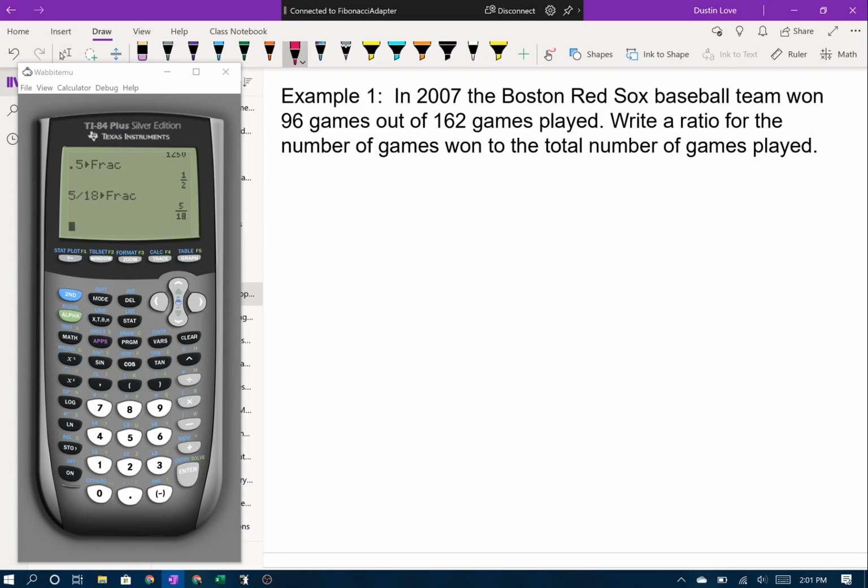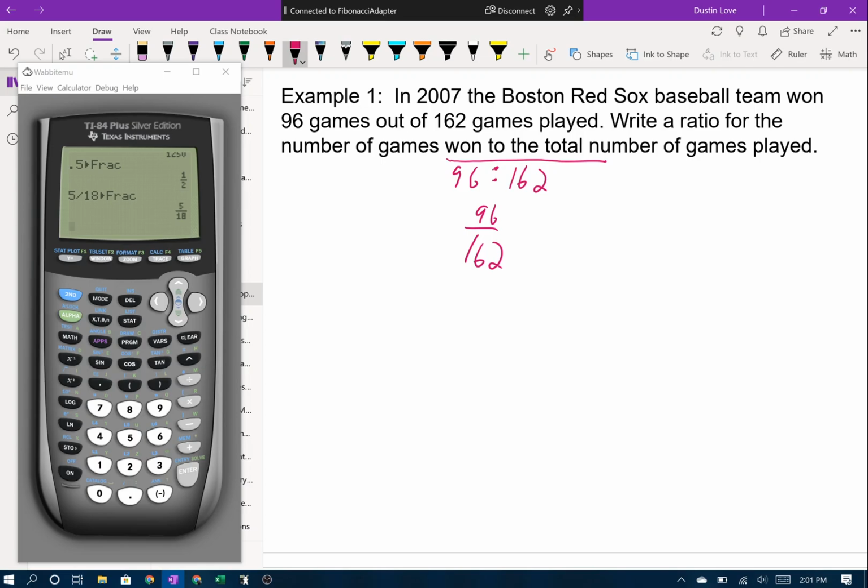So this tells me I want to do 1 to 2, total. There's my colon. So what's my number of games won? 96. Games played is 162. How do I write that as a fraction? 96 over 162. And this is where we want to reduce.